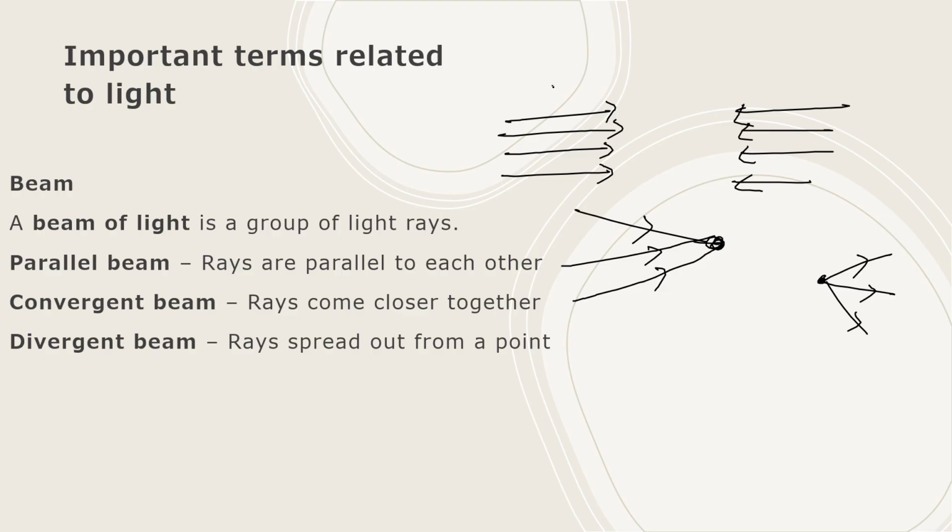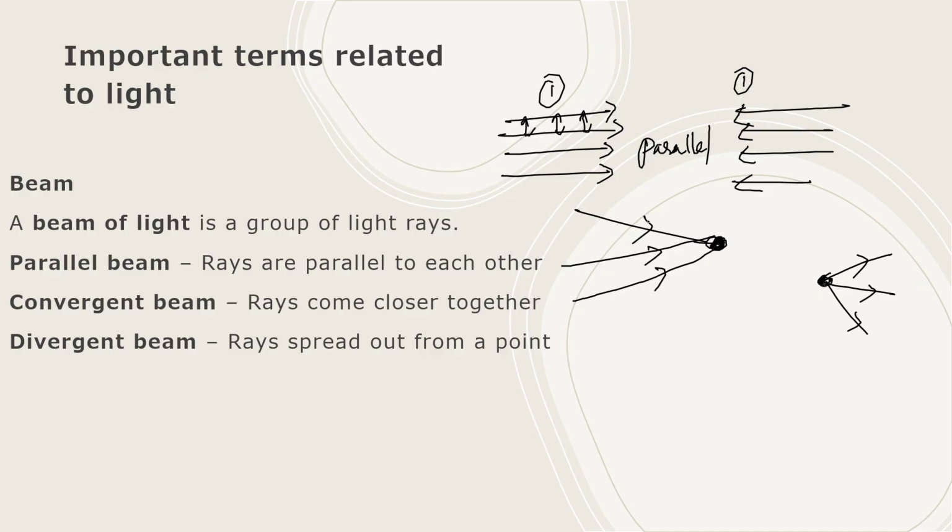So the first diagram shows a parallel beam because of equidistance between the rays. Now what about this and this?